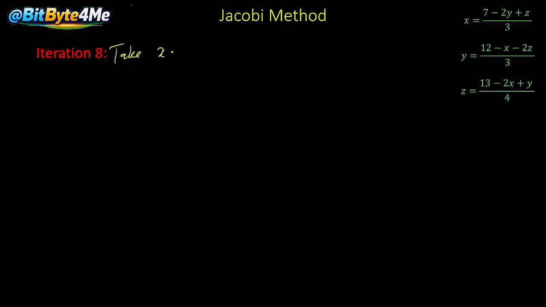Take x is equal to 2.0849, comma, y is equal to 1.7024, z is equal to 2.5288.